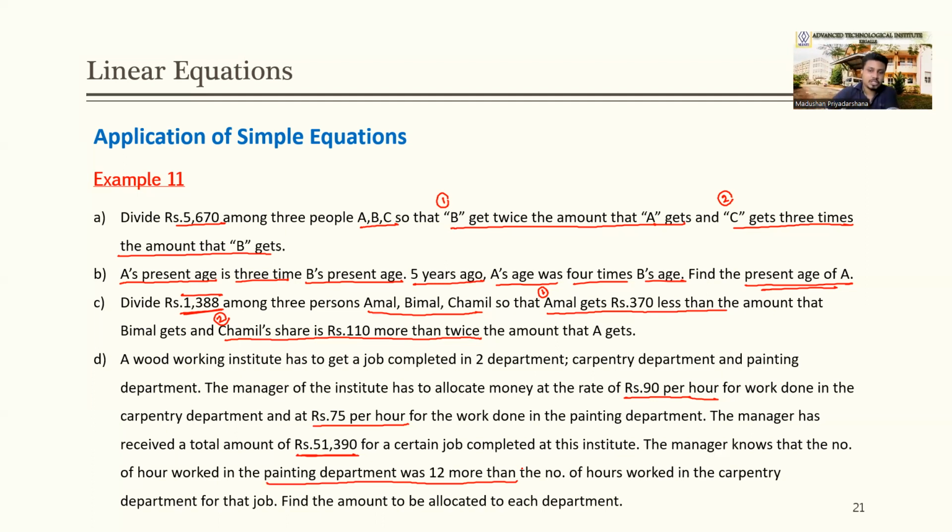Right? The manager knows that the number of hours worked in the painting department was 12 more than the number of hours worked in the carpentry department. Then what we need to find? We need to find the amount to be allocated to each department. 51390 න් කීයක් carpentry department එකට allocate වෙන්න ඕනද? කීයක් painting department එකට allocate වෙන්න ඕනද?